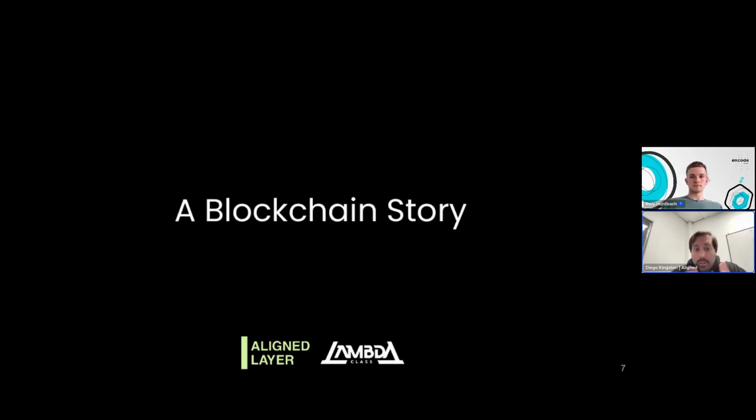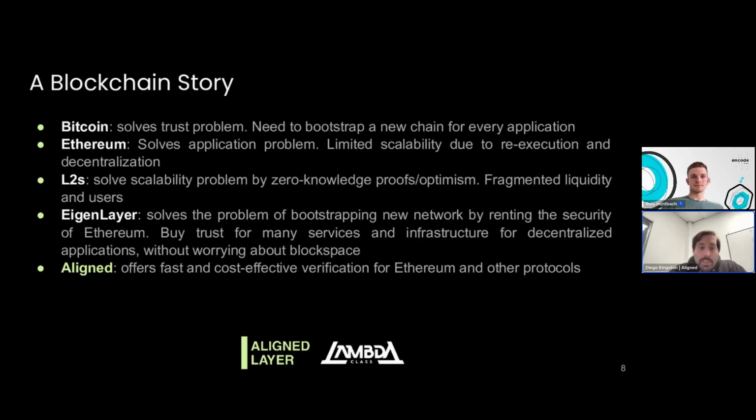So how does all this fit in the story of blockchains? It all started with Bitcoin. Bitcoin somehow solved the trust problem. Satoshi wanted to see how he could coordinate between many different parties that don't trust each other, and he provided the solution via proof of work.